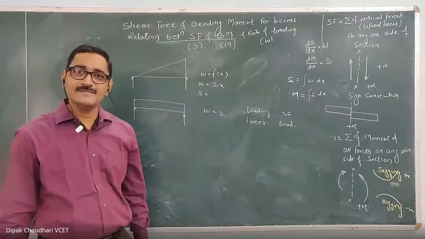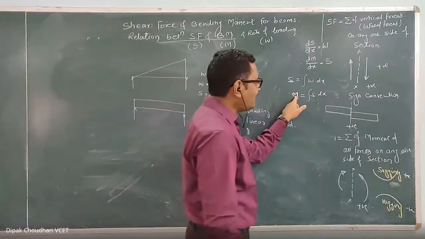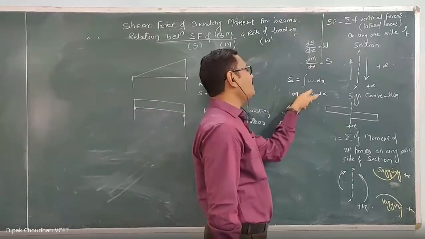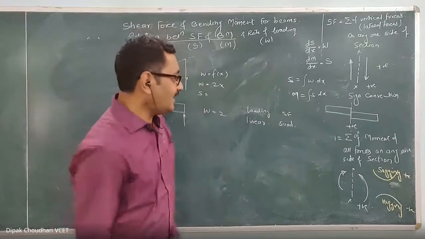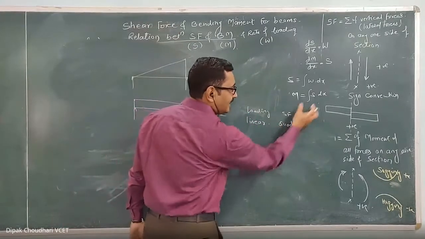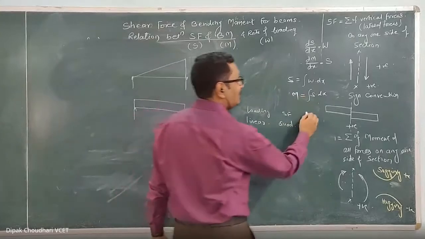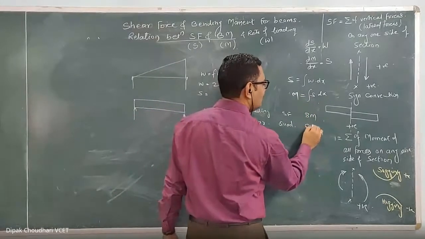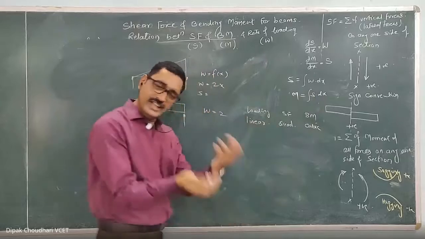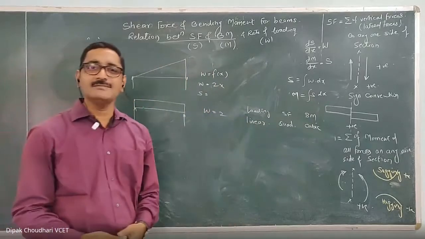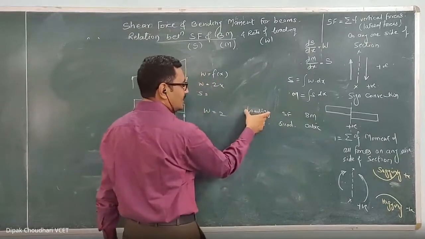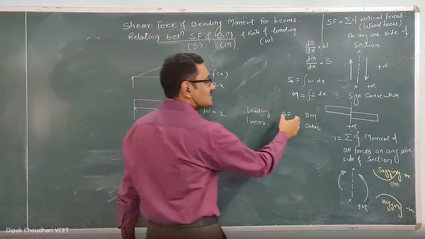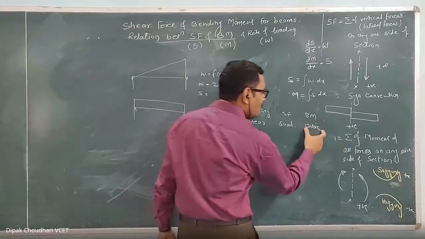And we get the bending moment by integrating the shear force. If the shear force equation is quadratic, the bending moment equation will be cubic, because when we integrate the degree increases by 1. So if the equation of loading is linear, the shear force equation is quadratic and the bending moment equation is cubic.